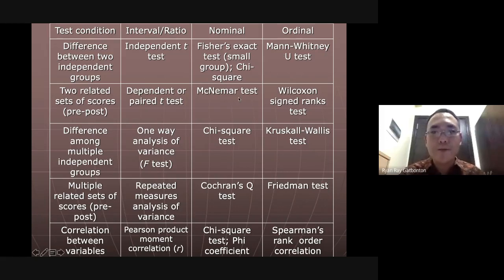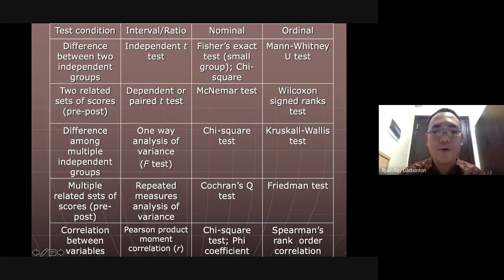Okay? So I trust that you will read, you try to understand what's the content of this table. So I will focus my discussion on the interval ratio. I leave this one for you to read. For two sets of related scores, sabi ko nga kanina, kapag nasa interval or ratio level, paired t-test. Pero kung difference among groups, tapos independent of each other, you use one-way analysis of variance o yung tinatawag na F-test.